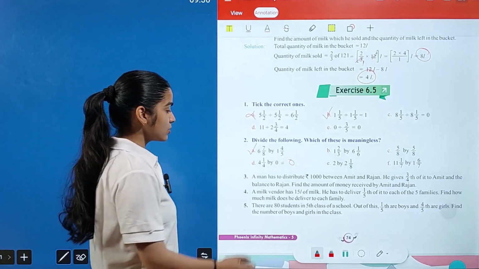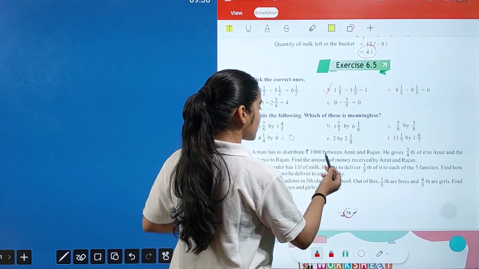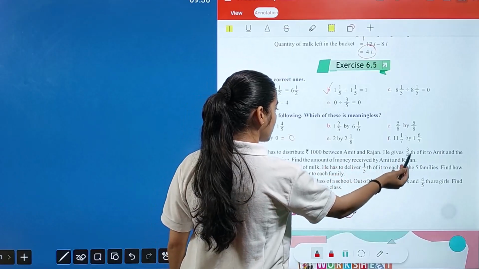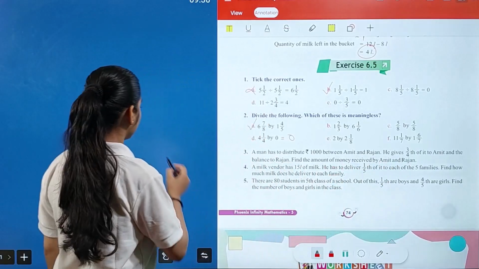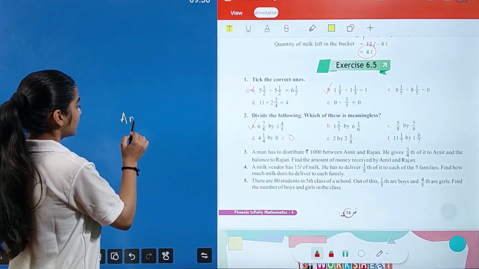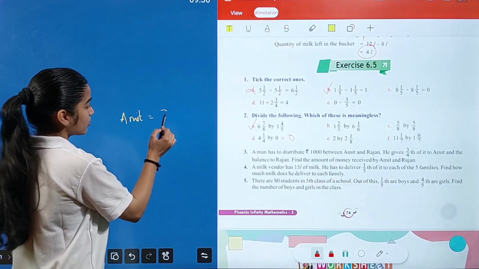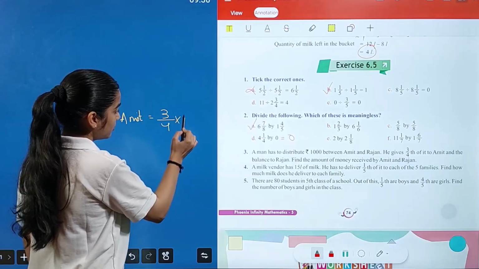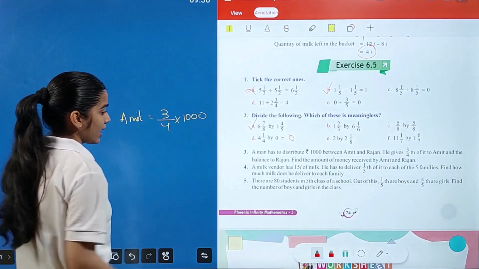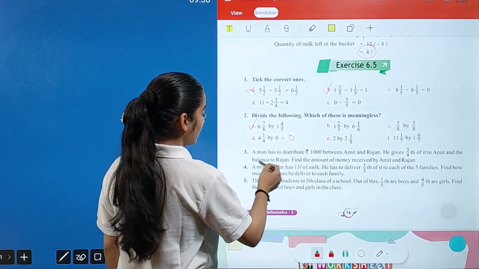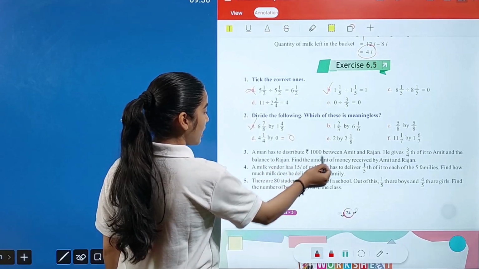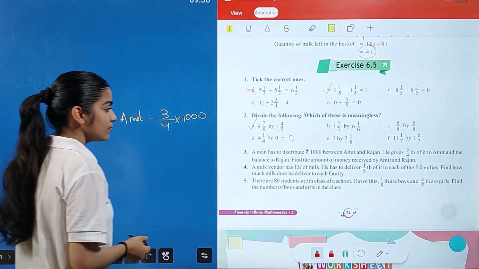A man has to distribute 1,000 between Amit and Rajan. He gives 3/4 of it to Amit. So Amit will get 3/4 of 1,000, and the balance goes to Rajan. Find the amount of money received by Amit and Rajan.